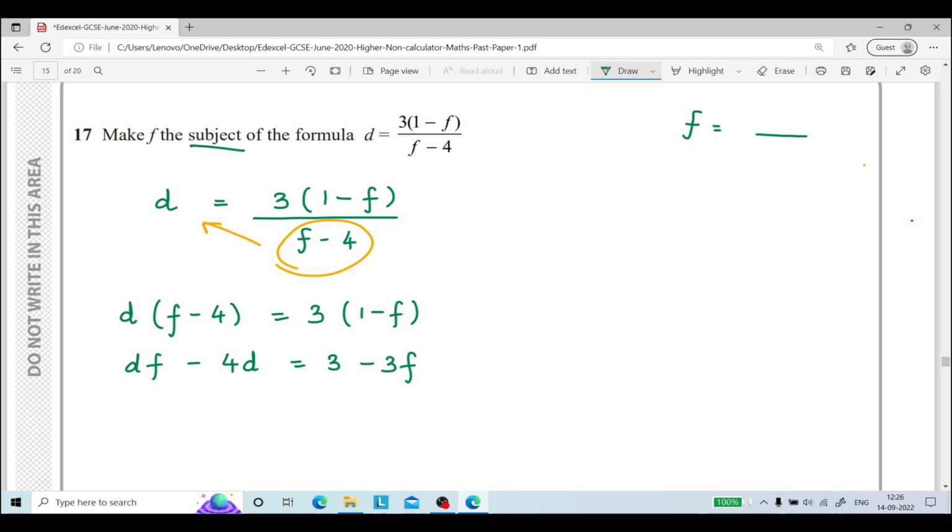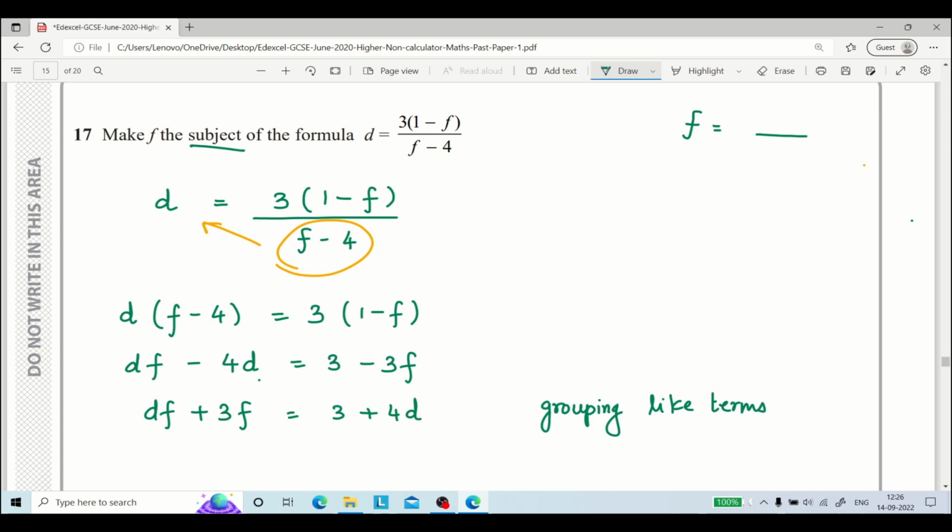Right? Now we'll just bring the like terms together. So 3f shifts here, so it becomes plus 3f, and I'm shifting 4d to the other side. Since it is minus 4d, it becomes plus 4d. So you are grouping the like terms, collecting the like terms.